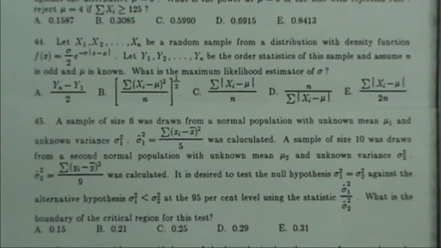Problem 45. A sample of size 6 was drawn from a normal population with unknown mean mu1 and unknown variance sigma 1 squared. An estimate of sigma 1 squared, this, was calculated, and a sample of size 10 was drawn from a second normal population with unknown mean mu2 and unknown variance sigma 2 squared, and an estimate of sigma 2 squared was calculated as the formula.